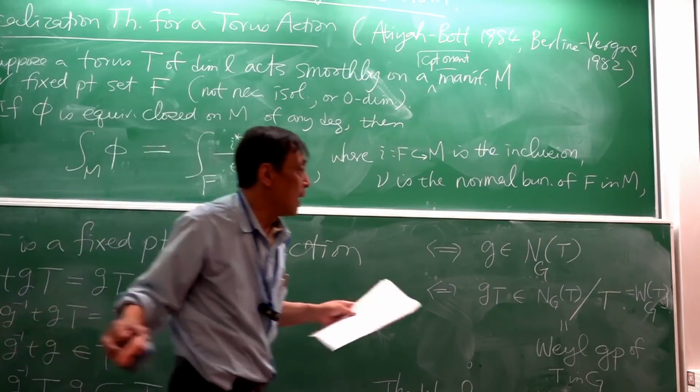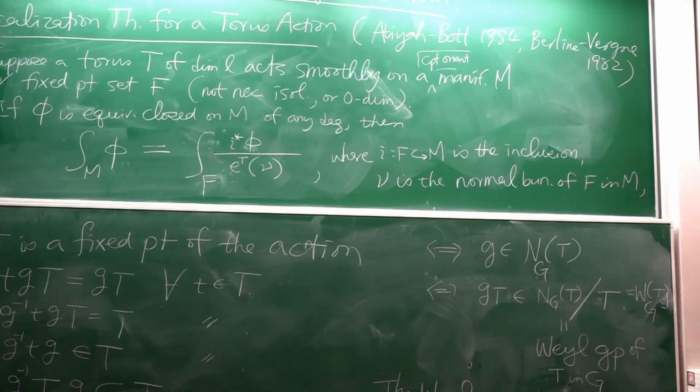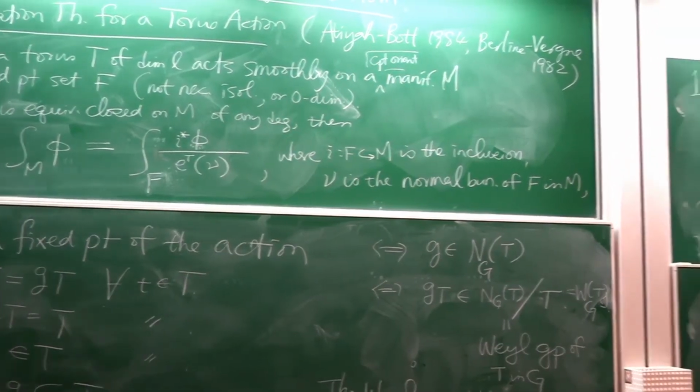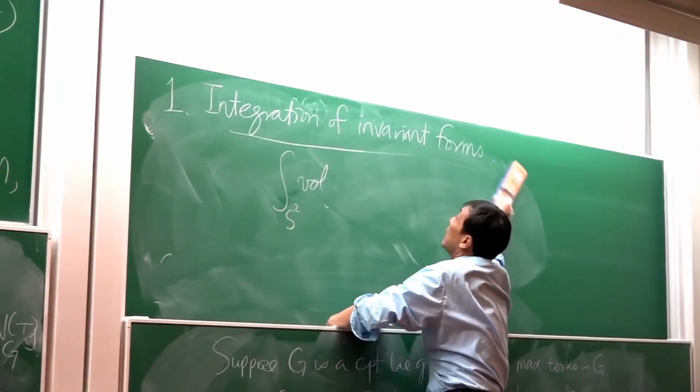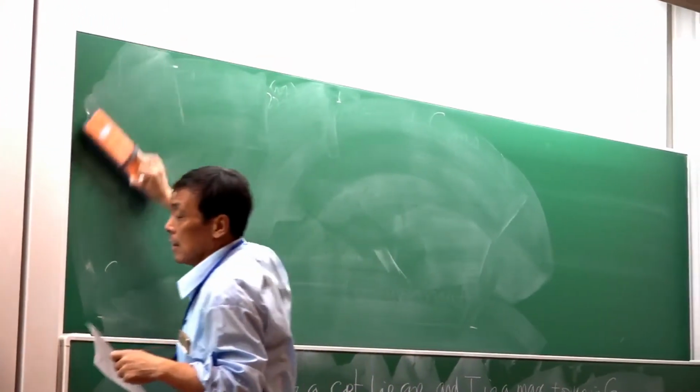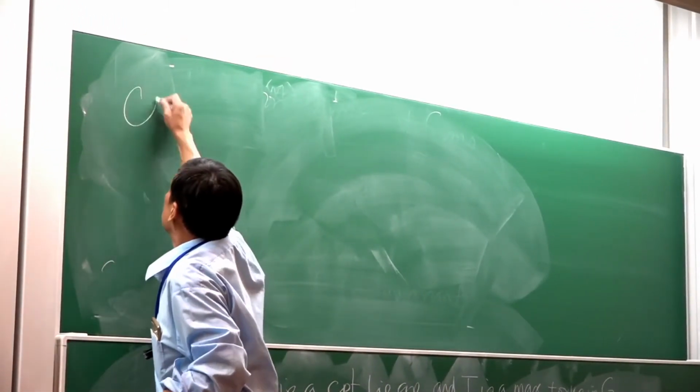And now if you want to compute the Chern numbers of G mod T, you integrate.